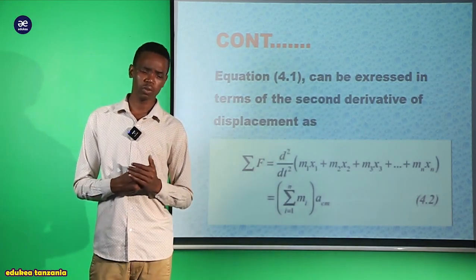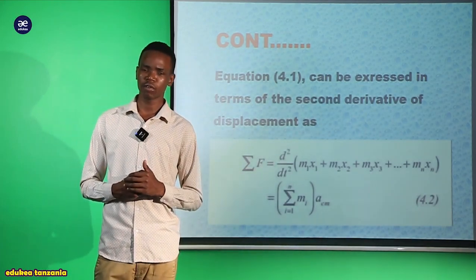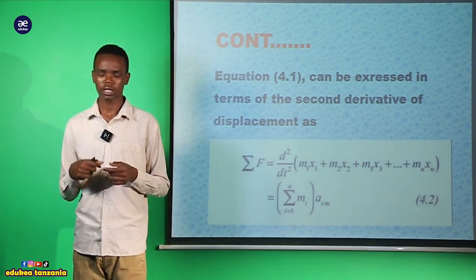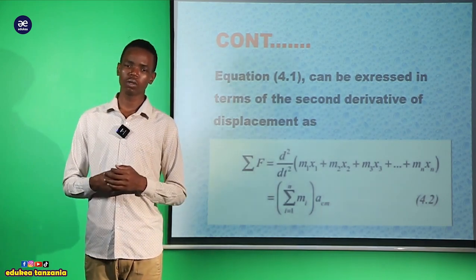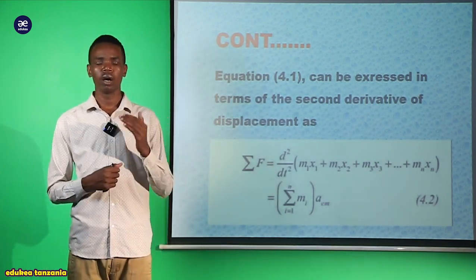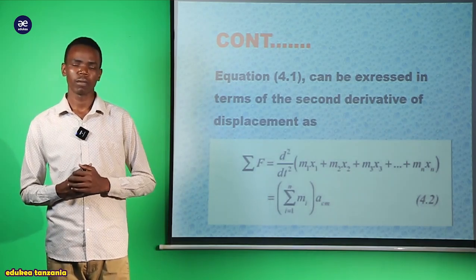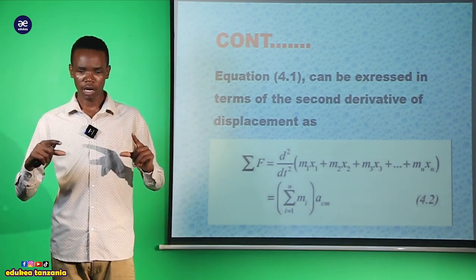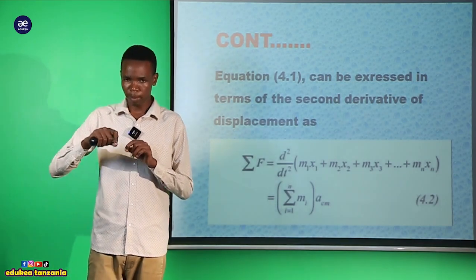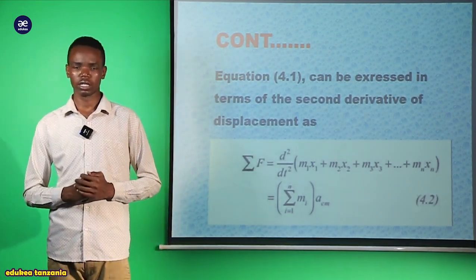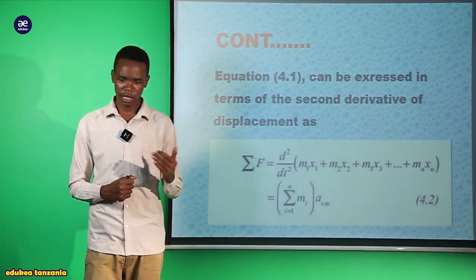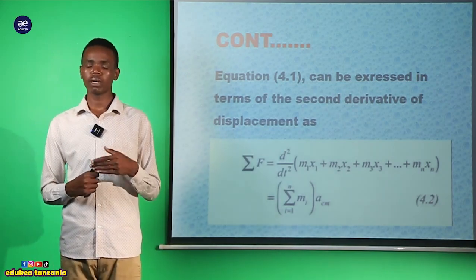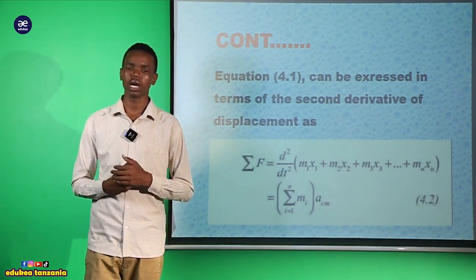We said that, my dear student, if we want to obtain the force when the body rotates around a fixed axis, the total force must be equal to force 1 plus force 2 plus force 3 plus up to force n, the number of the forces or the number of the particles found inside the rigid body. After that, we substituted the value of the forces, and we said that force 1 is represented by mass 1 times the acceleration.